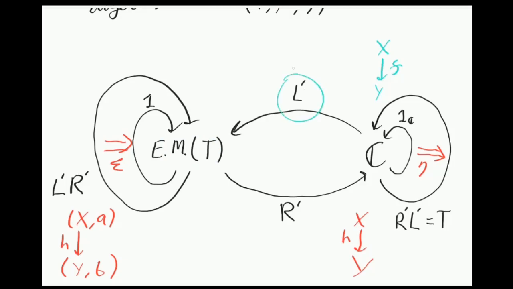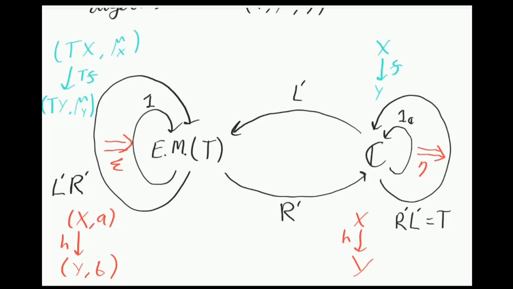And so how does this free functor L' work? Well, it's going to send x to the algebra (Tx, μx), and it's going to send y to the algebra (Ty, μy), and this arrow f is going to get lifted under L' to become the arrow Tf.